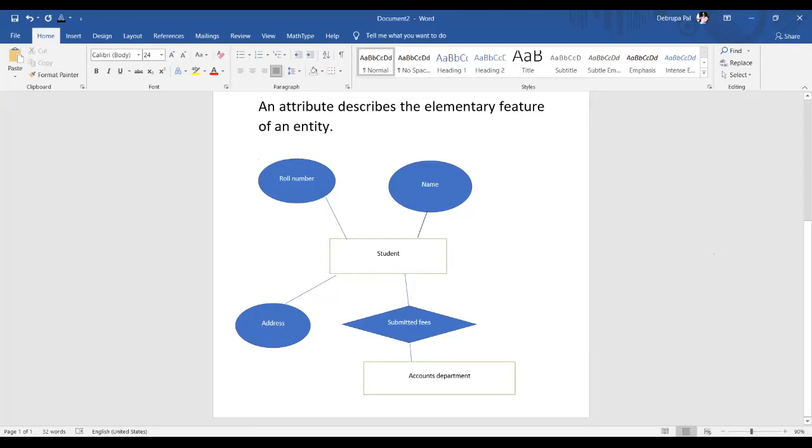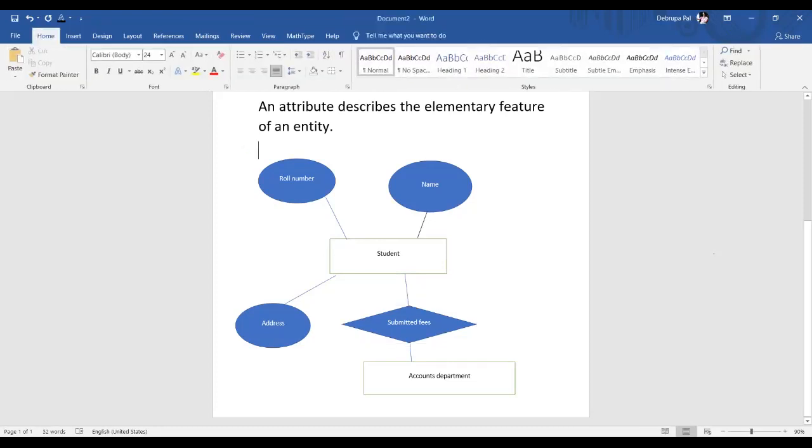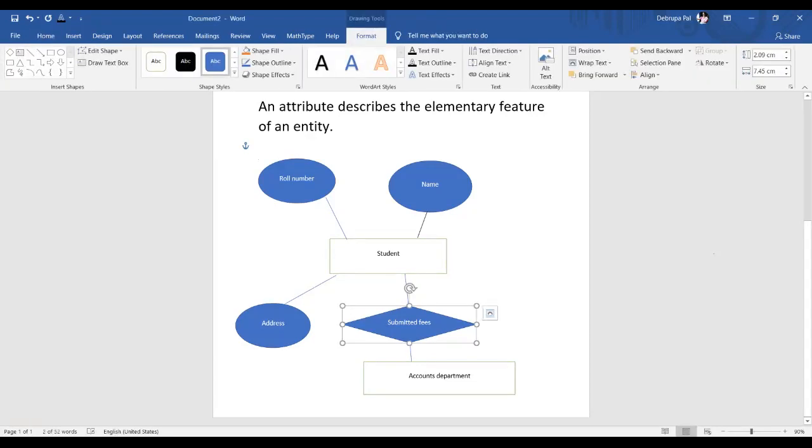Remember, students, that whenever you need to join any two entities, you must join them with the help of a relationship. So relationship exists between two entities. You cannot join these two rectangles directly. Rectangles must be joined with the help of relationships.